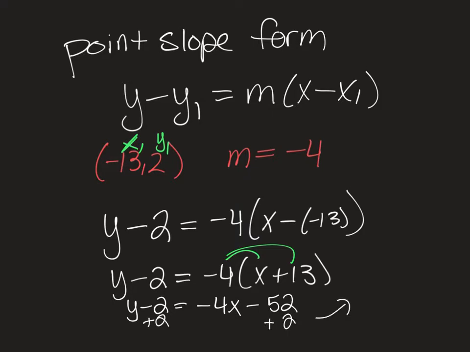So that means our equation will be y equals negative 4x minus 50. All right, any questions with point slope form?